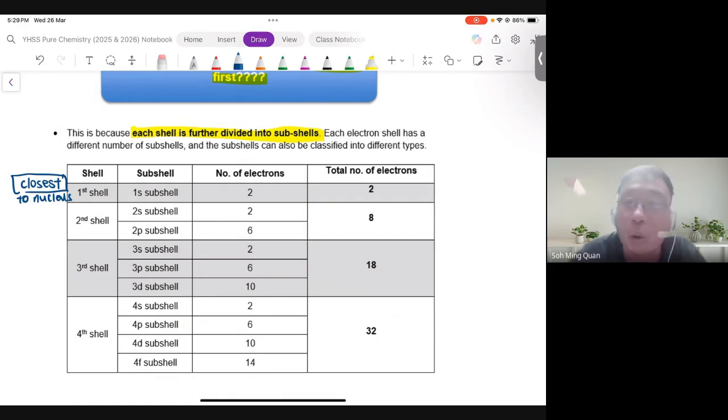Now, the first shell only has one subshell. First shell contains the subshell called 1s. Now, the 1s subshell only holds 2 electrons. And that's why the first shell only holds 2 electrons in total, because the first shell only has one subshell.